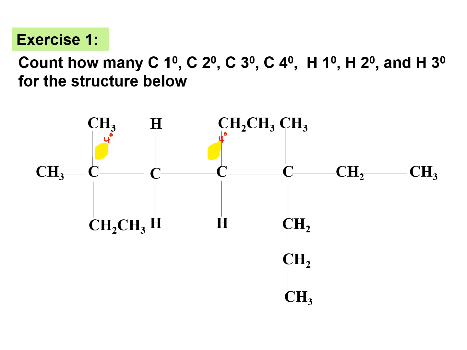This carbon is secondary since it has 2 carbon neighbors, and the hydrogen attached to it is secondary hydrogen. This is also secondary hydrogen because it is attached to secondary carbon.